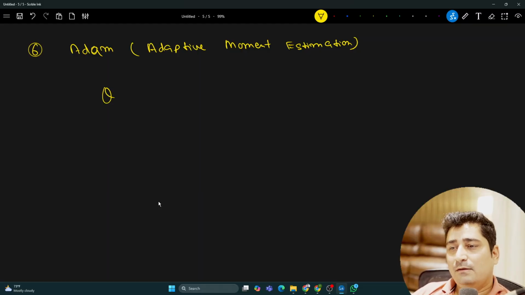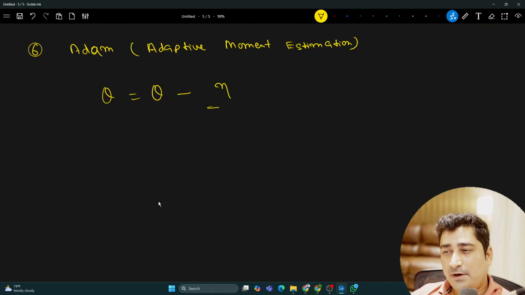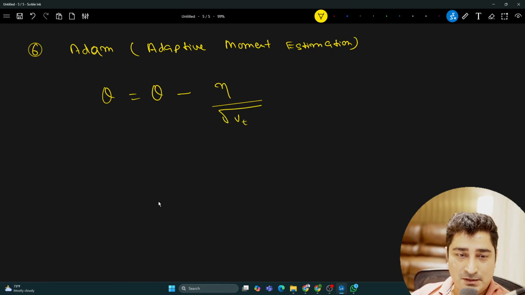Here again the theta philosophy is the same. The new value is equal to the old value minus eta divided by root of vt hat plus epsilon, times mt hat.